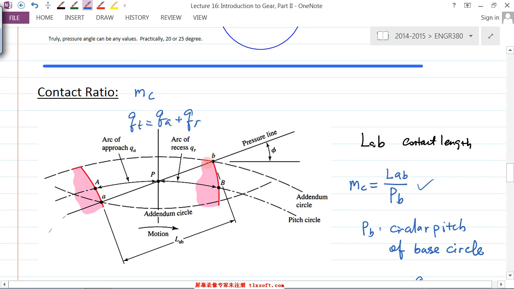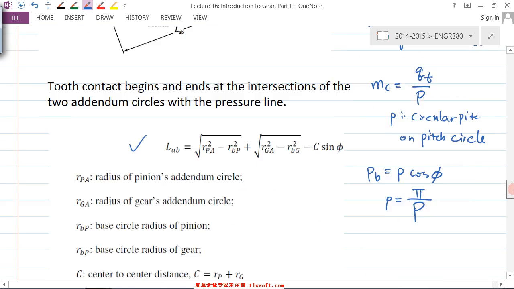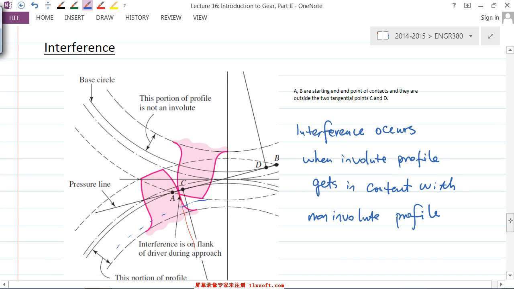This is AB, the distance traveled, the contact length. As this diagram shows, capital A and capital B represent the two moments. One moment is when they start to engage, the other is when they start to disengage.